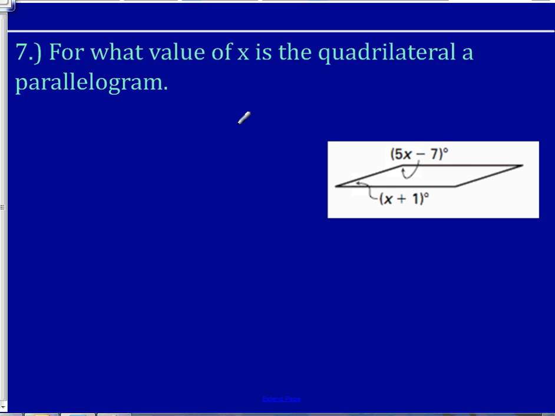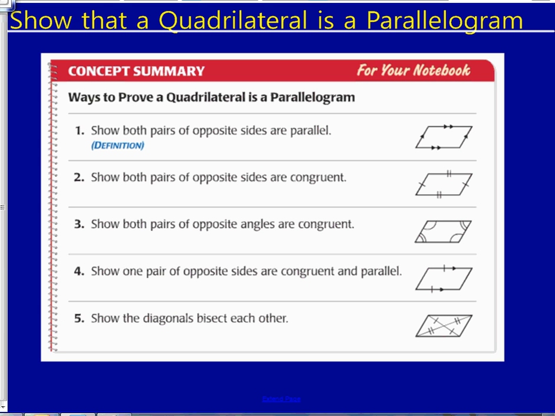So for what value of x is the quadrilateral a parallelogram? All right, so from here we're actually going to need to set up an equation. So we know from our theorems that when we're working with angles, okay, we have show both pairs of opposite angles are congruent.